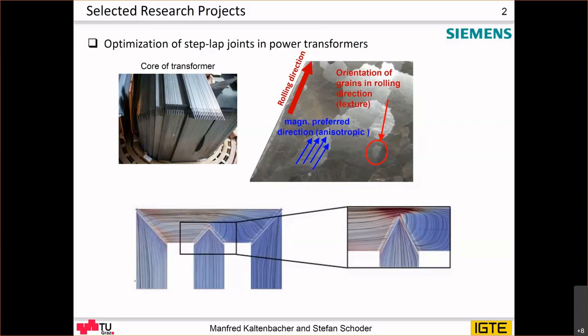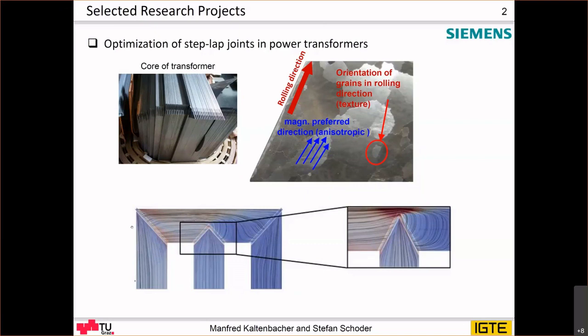On the other hand, we are very interested how the magnetic field looks like within the steel sheets, and for this I have here a cross section, and we have within the power transformer two main parts. The one is the L joint, so you have here a steel sheet coming up here, and then a next steel sheet going from here to here.